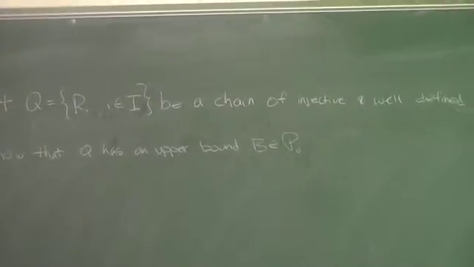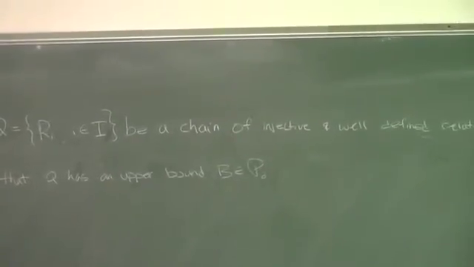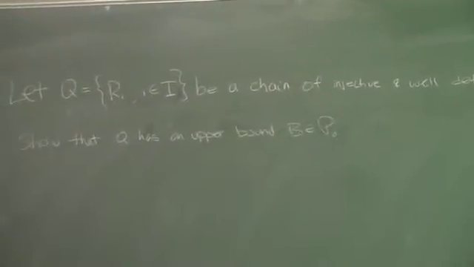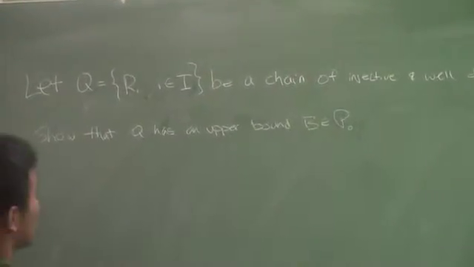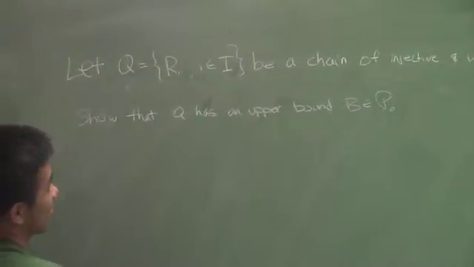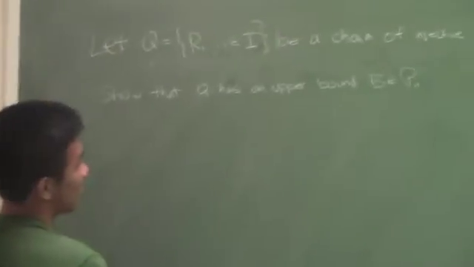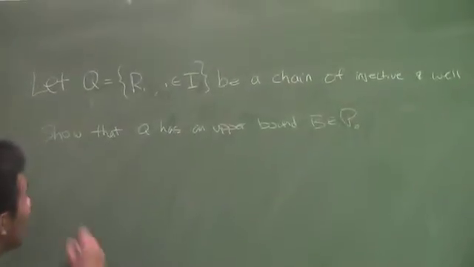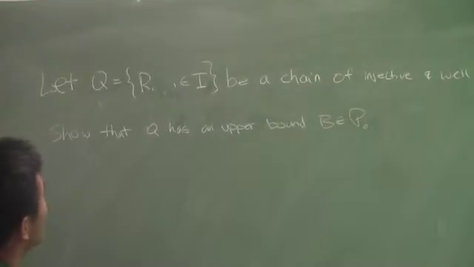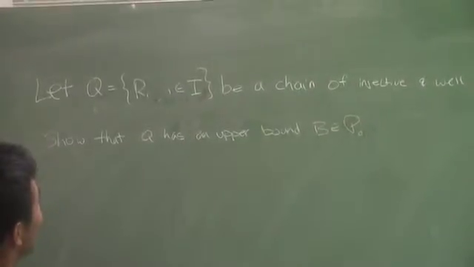Okay, are you ready to write one down? B is equal to what? B is a member of P0. No. But what is B? The obvious thing. It's an upper bound.